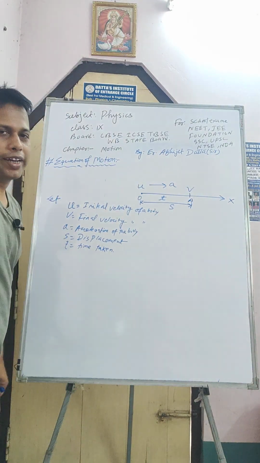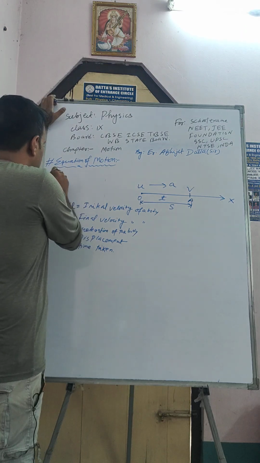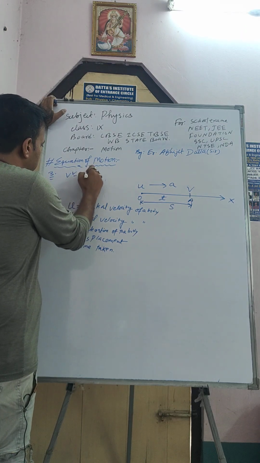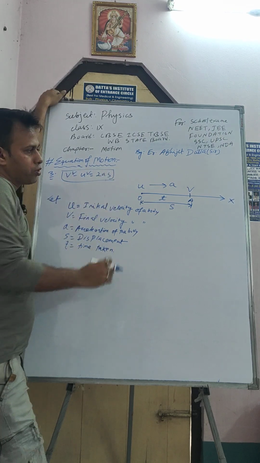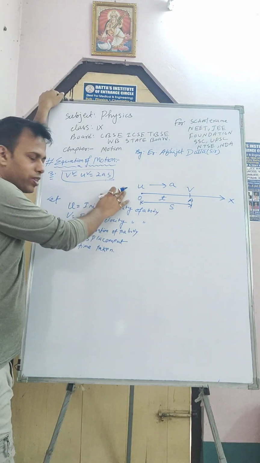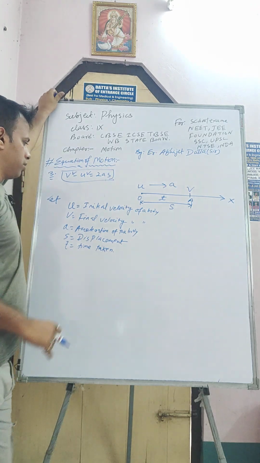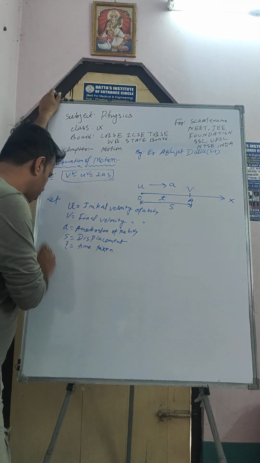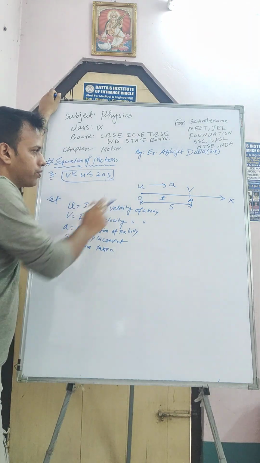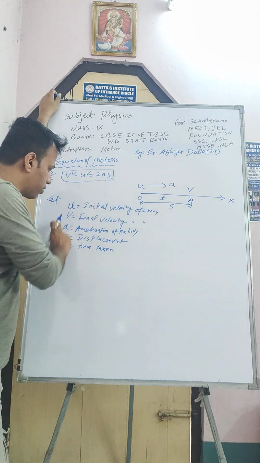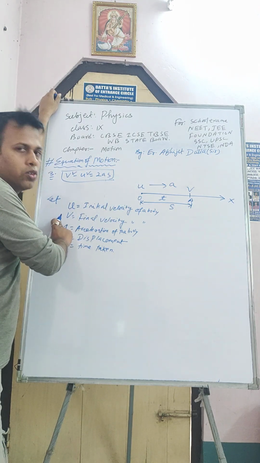So students, our next question is the third equation: v square minus u square equal to 2as. For the third equation also the figure diagram will be the same and the considering part is also the same, like 1 and 2.